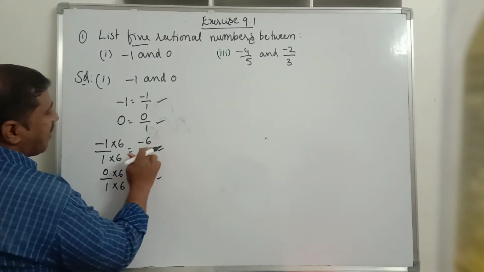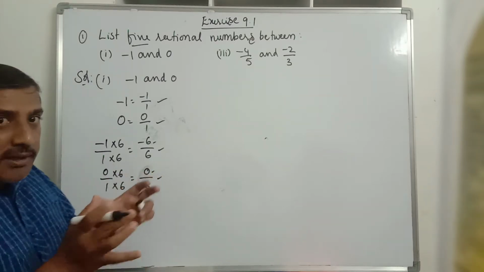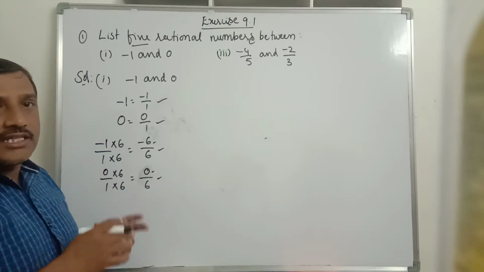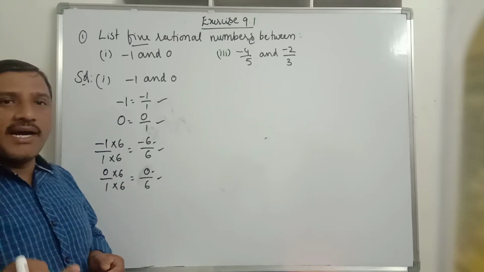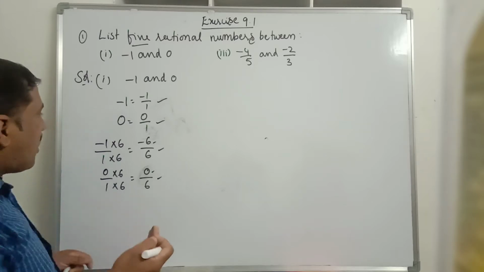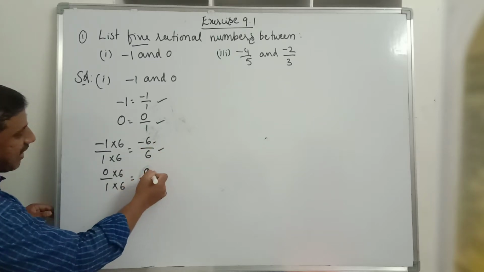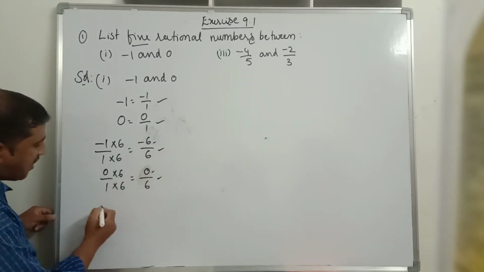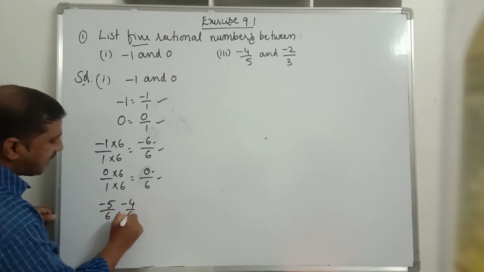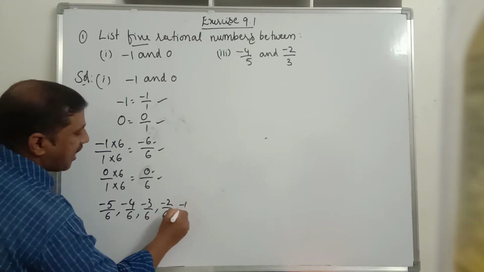Here the numerator is -6, and here it is 0. Identify the integers between -6 and 0. We have -5, -4, -3, -2, -1. So between -6 by 6 and 0 by 6, the numbers we have are -5 by 6, -4 by 6, -3 by 6, -2 by 6, -1 by 6.